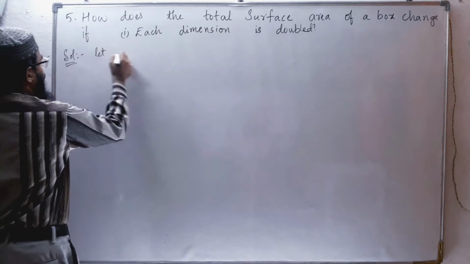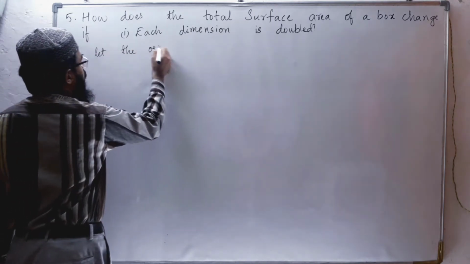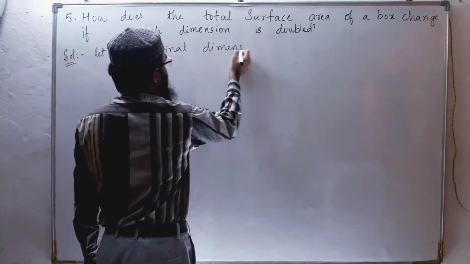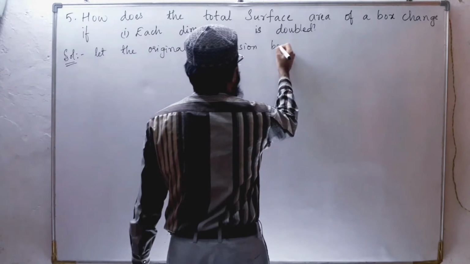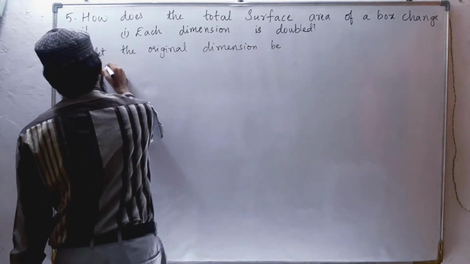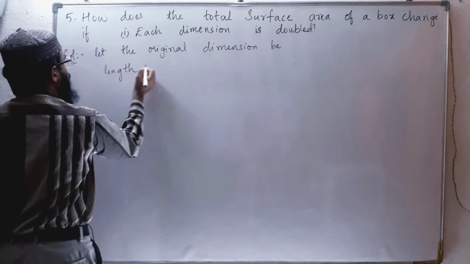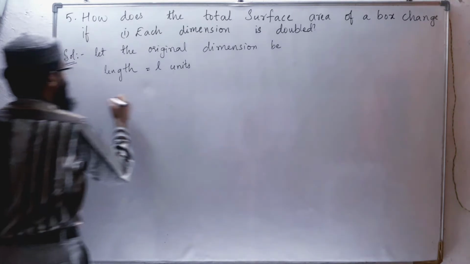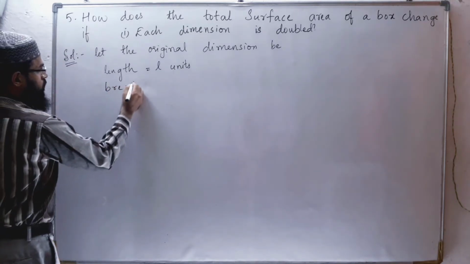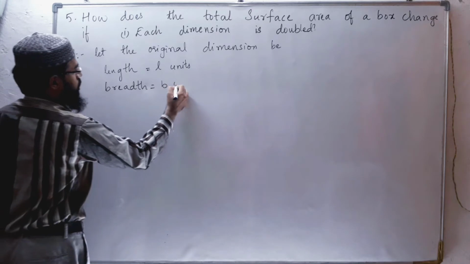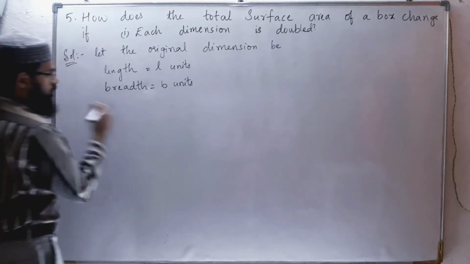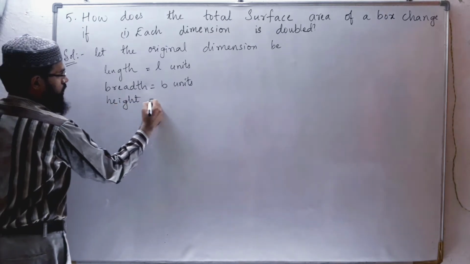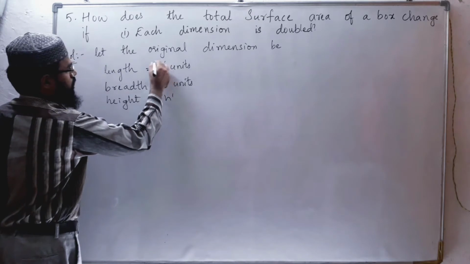So let the original dimensions be: length will be L units, breadth will be B units, height will be H units.